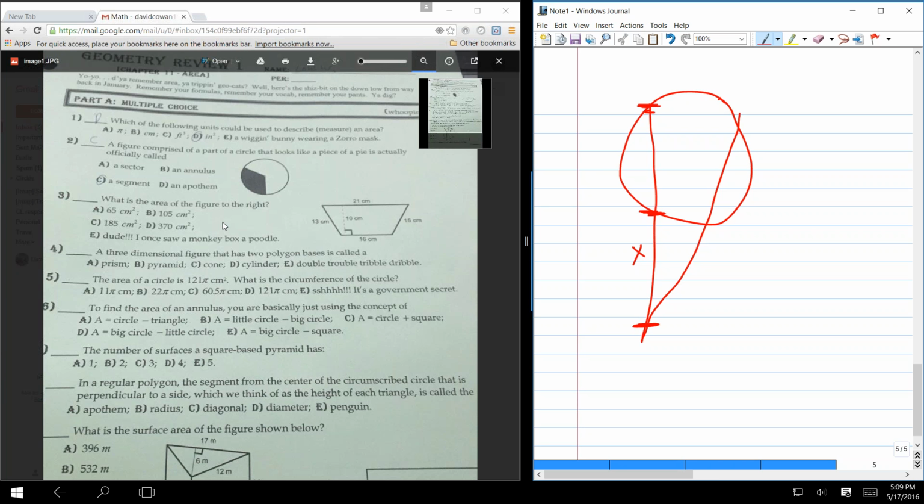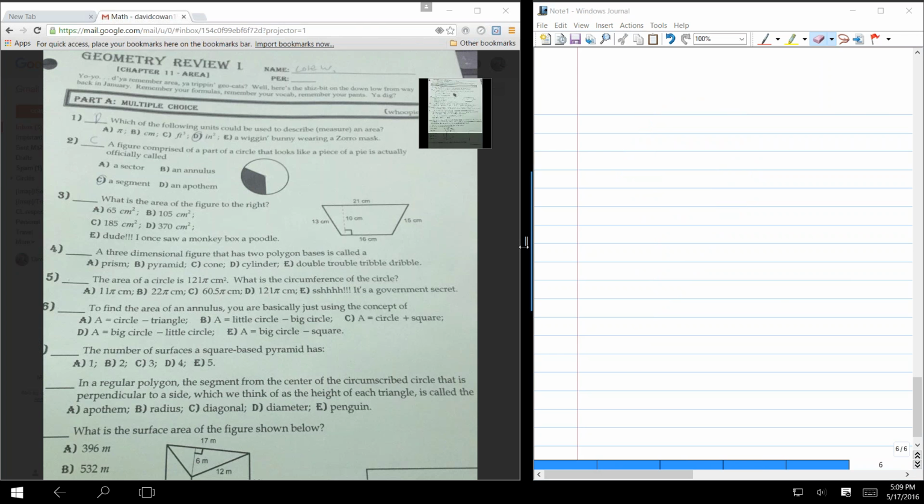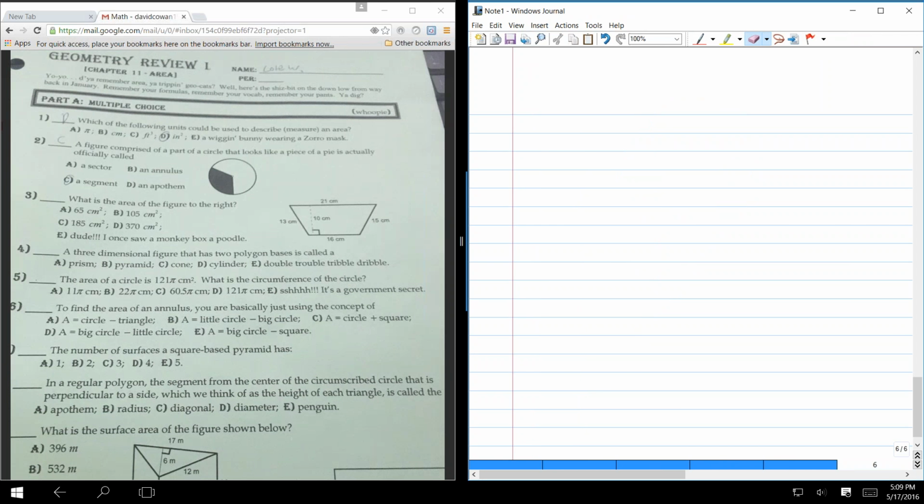All right. The area of the figure on the right. What's the formula for the area of a trapezoid? It's the way you should start all of these out. Every single problem, well, except the multiple choice ones, maybe. Just times it by 1/2. What is the formula?